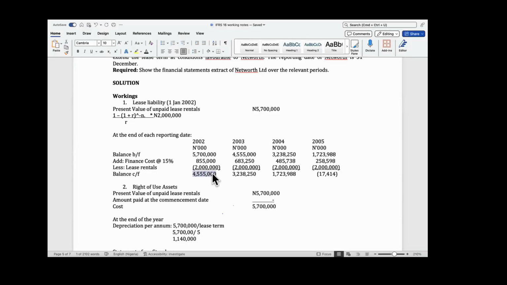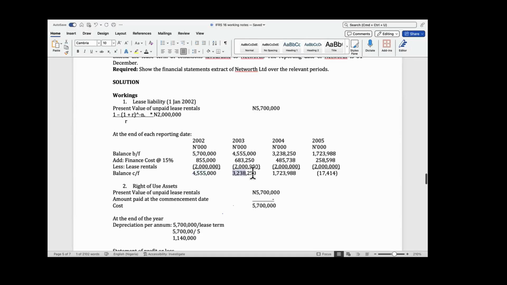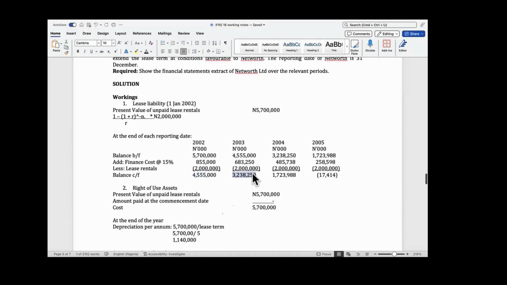So how much are you paying next year? The easiest way is to do 4.555 million minus the balance of the liability next year. Since the liability will reduce from 4.5 million to 3.238 million, that means they will have paid the difference. Can you hear me? Get that difference.